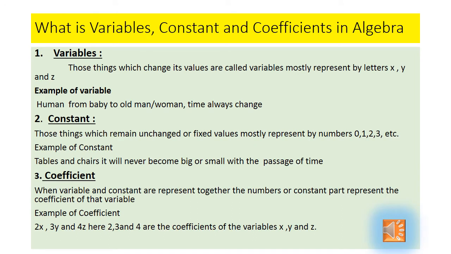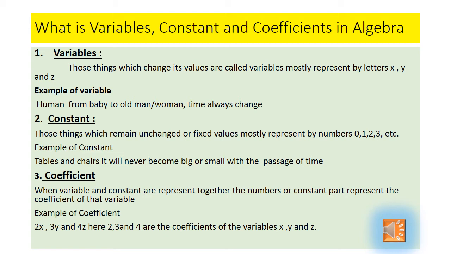Before we discuss algebraic expressions and equations, we need to know what variables, constants, and coefficients are. Variables: those things which change their value are called variables, mostly represented by the letters x, y, and z.